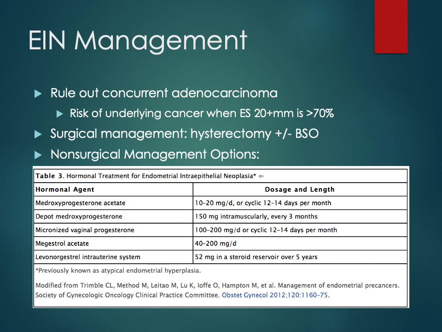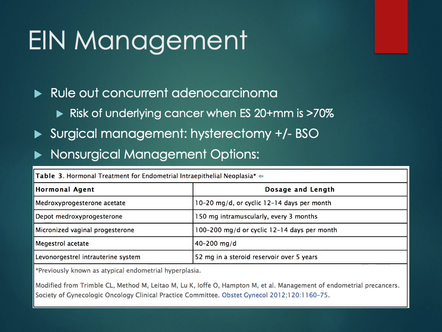For EIN management, you have to rule out concurrent adenocarcinoma, and it's important to note that if you have a patient with EIN and an ultrasound that has an endometrial stripe of greater than 20 millimeters, the risk of an underlying cancer in that case is about 70%. So this is important as you think about who should be operated on or who should be sent to a GYN oncologist.